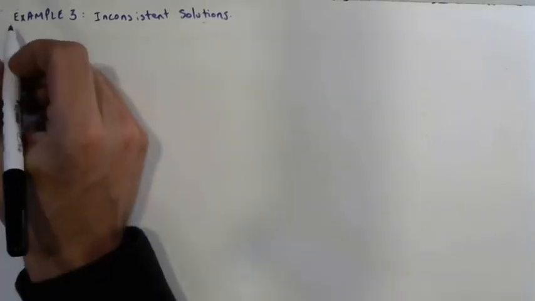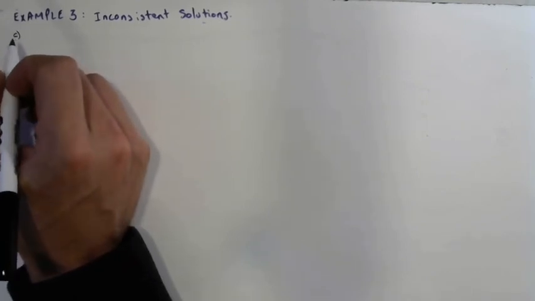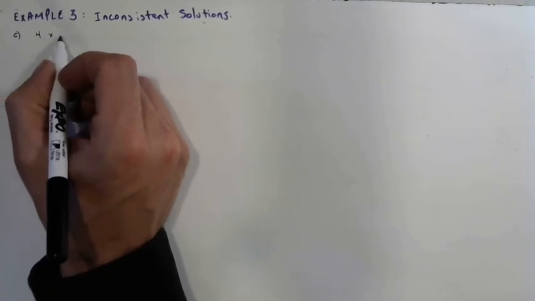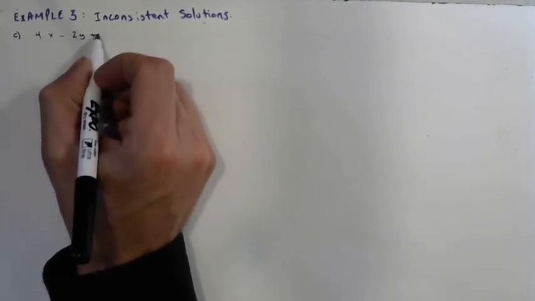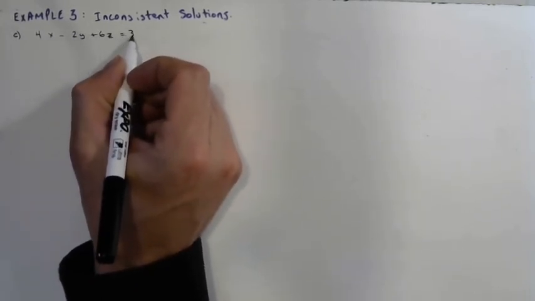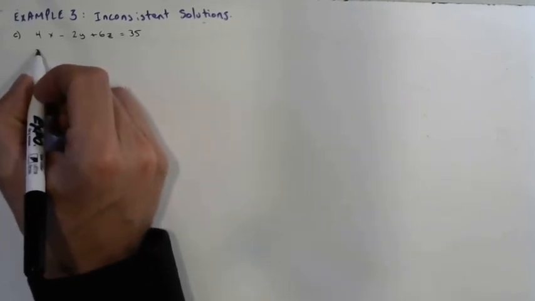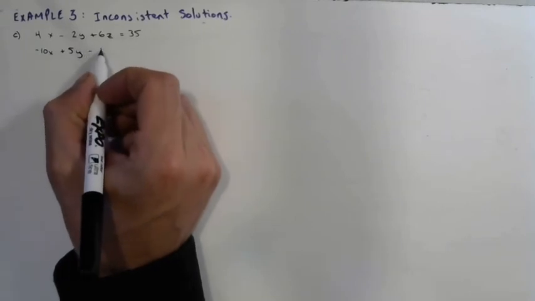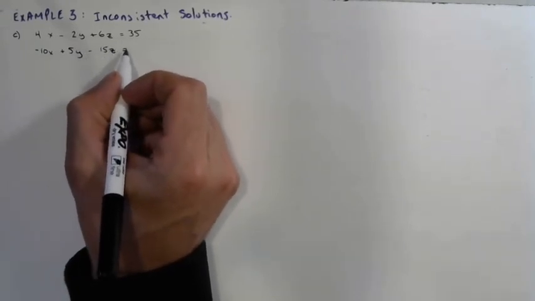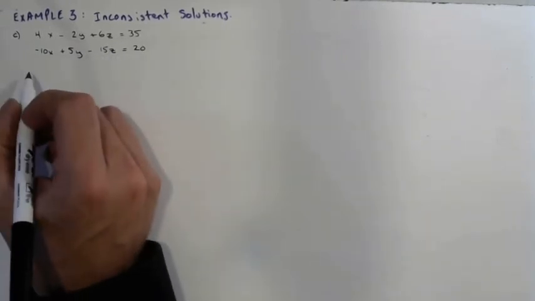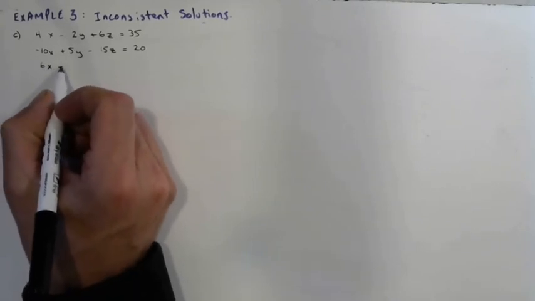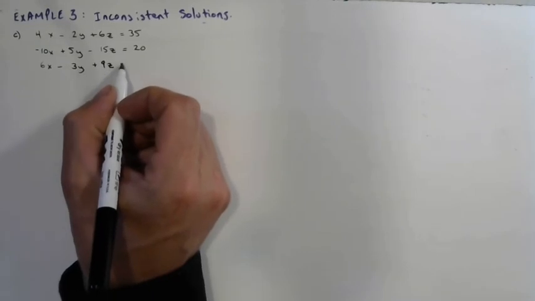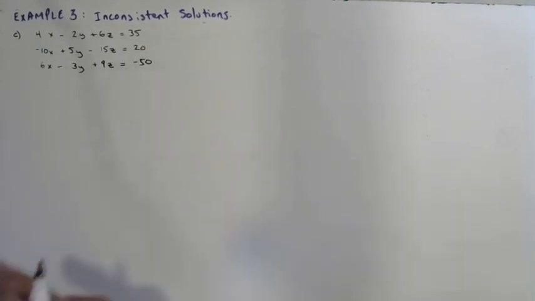Example 3C, last one. Our planes are 4x minus 2y plus 6z equals 35, negative 10x plus 5y minus 15z equals 20, 6x minus 3y plus 9z equals negative 50.